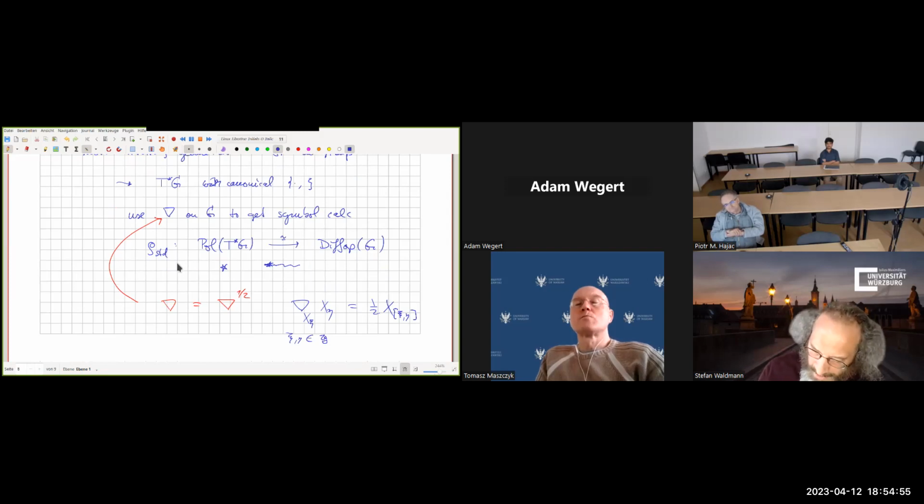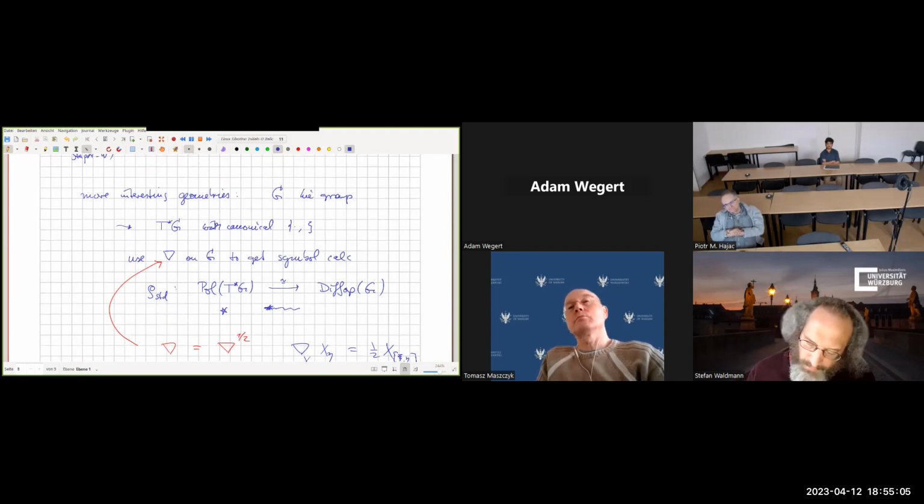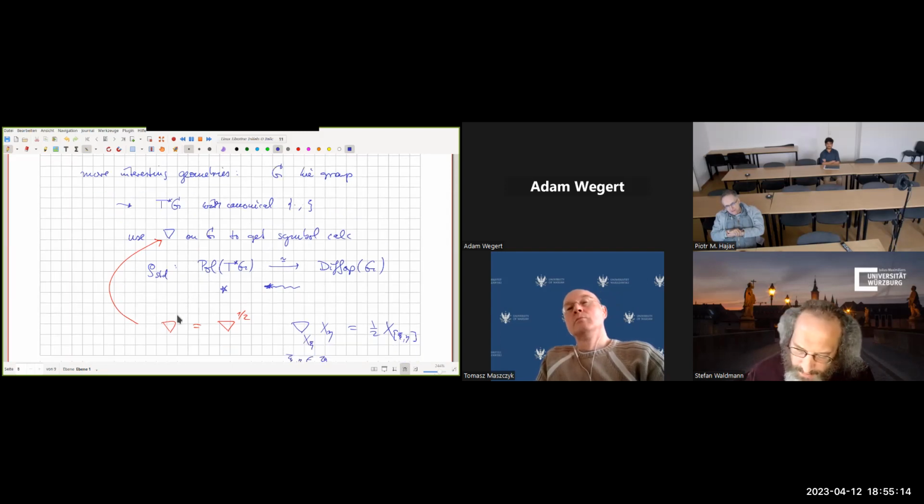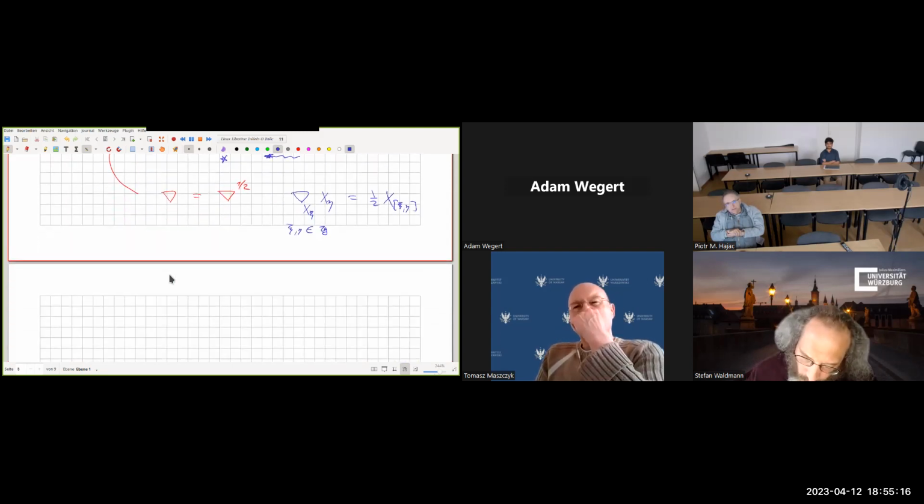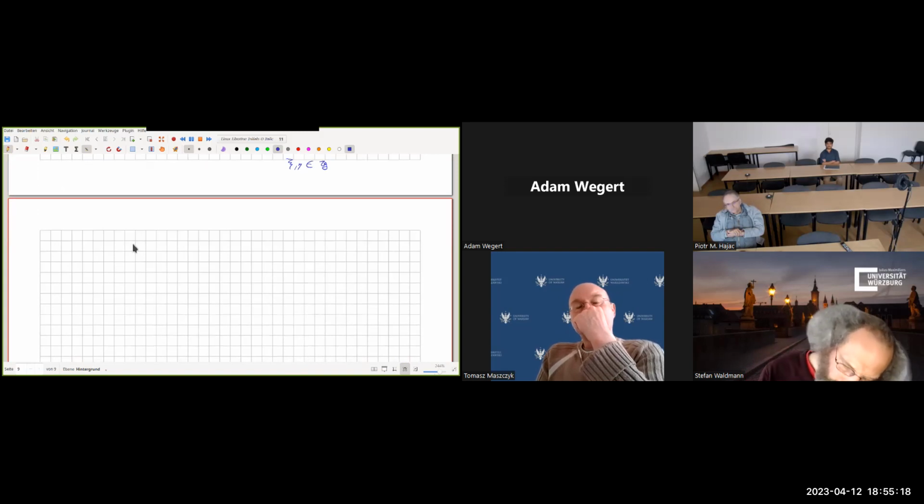And the nice thing is this only involves Lie theoretic data. We have not made a choice actually. So this is completely canonical. So we have a completely canonical symbol calculus on a cotangent bundle for a Lie group, based on this half commutator connection. And so now the difficulty is, what are the polynomial functions on the cotangent bundle of the Lie group?